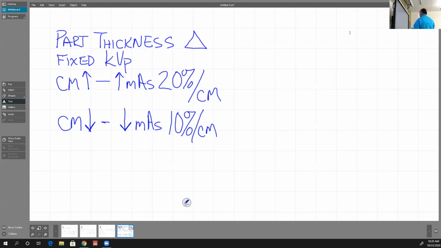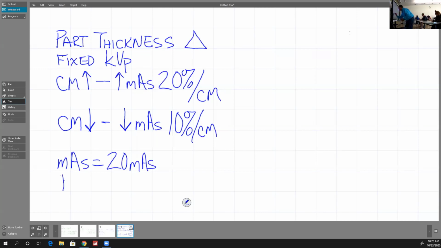Okay? So let's say that we have 20 mass. And we have part thickness 1 is 14 cm. And part thickness 2 is 17 cm.